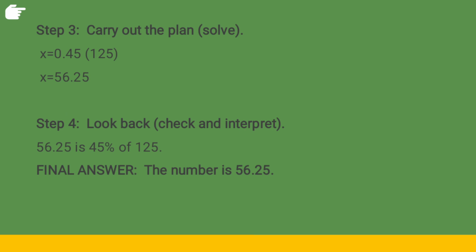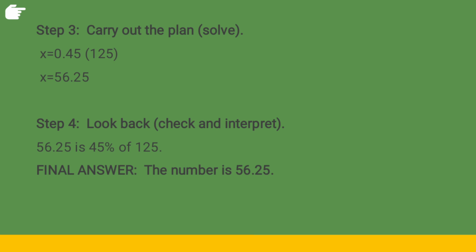And for our step 3, just carry out the plan or solve for it. So just solve 0.45 times 125, and the answer will be 56.25. So our x will be 56.25.